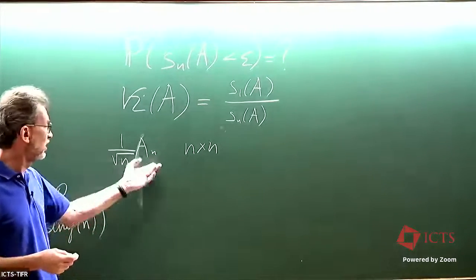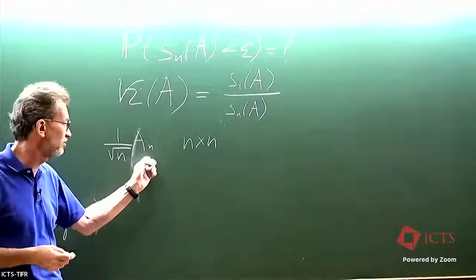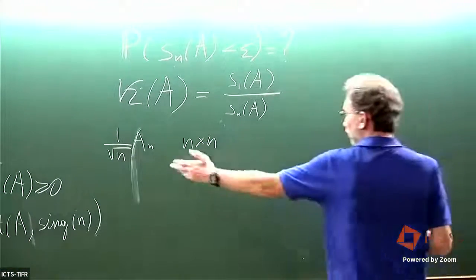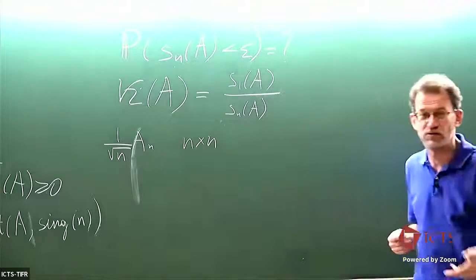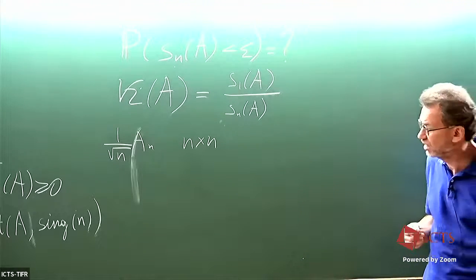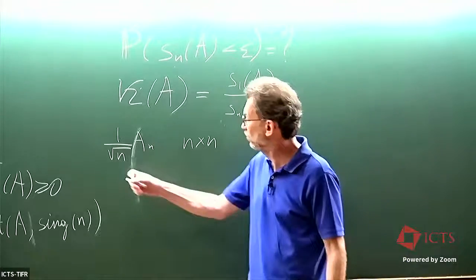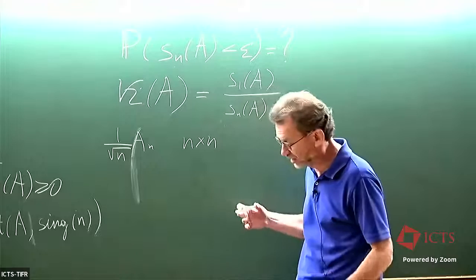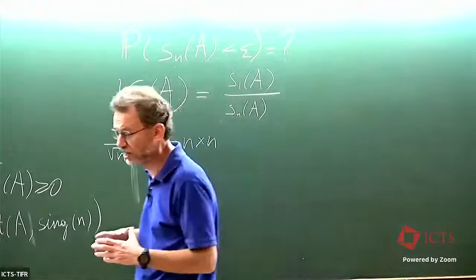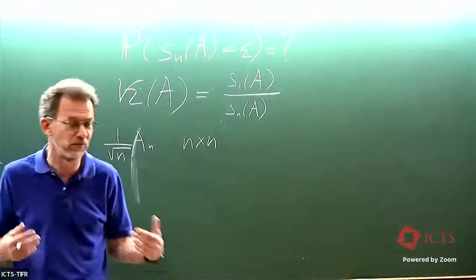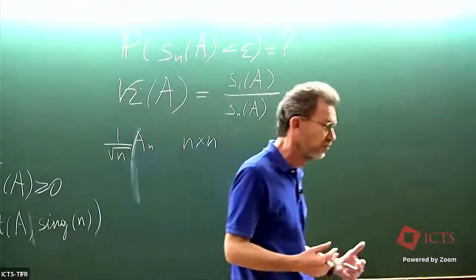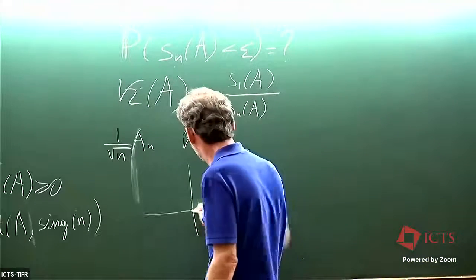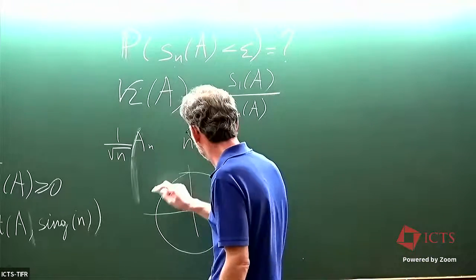Then this is a sequence of complex or real random matrices, their eigenvalues are complex, and it turns out that with probability 1, the empirical distribution of these eigenvalues, these are discrete random measures, converge to a deterministic measure, namely the uniform measure on the unit circle.